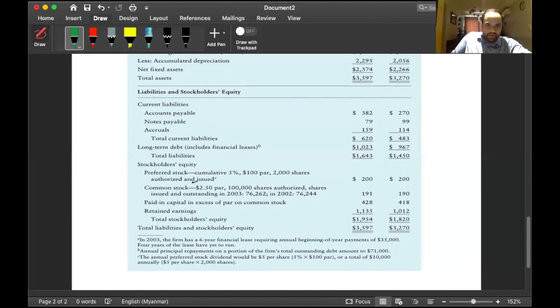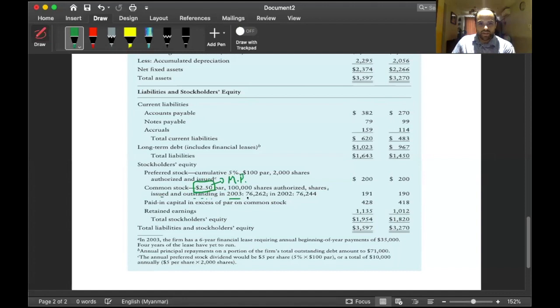Remember, use this price as the market price. When you calculate the price earning ratio, you need a market price, because the formula for price earning is market price divided by EPS. So you use this $2.50 as the market price, right? And 2003 issued and outstanding shares.